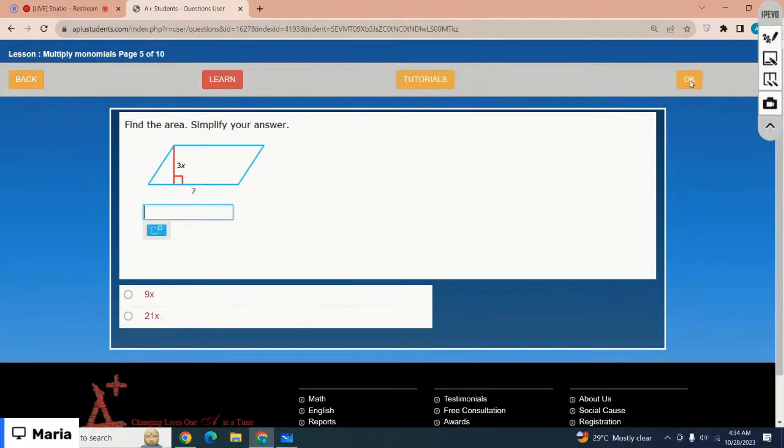Okay, find the area, which is the correct option. That would be length times width, right? 7 times 3 is 21x. It is very good.